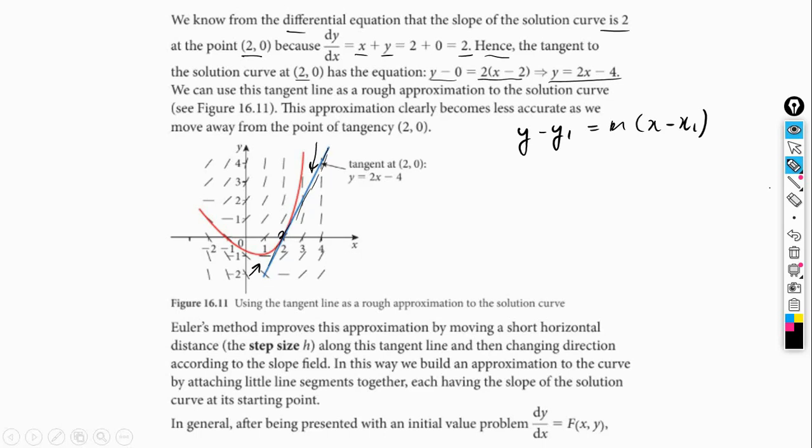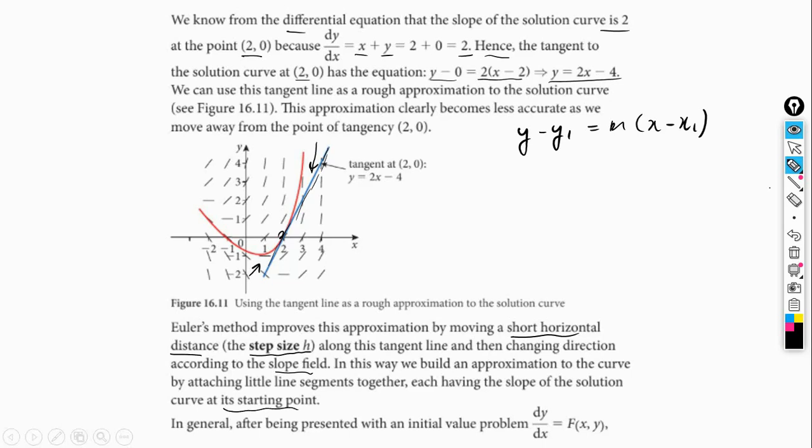Euler's method improves this approximation by moving a short horizontal distance, called the step size h, along this tangent line and then changing direction according to the slope field. In this way, we build an approximation to the curve by attaching little line segments together, each having the slope of the solution curve at its starting point.